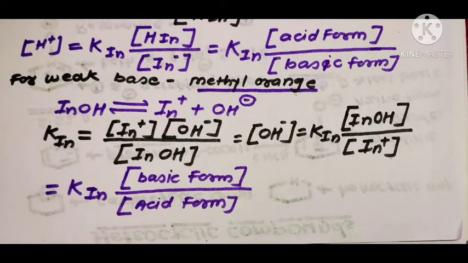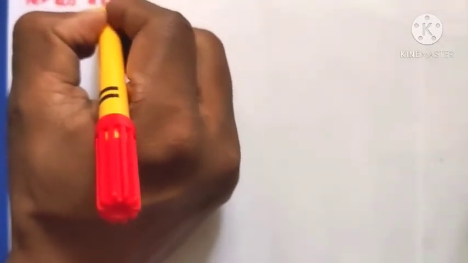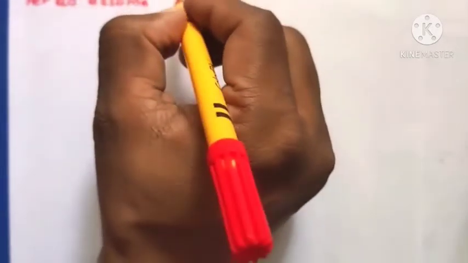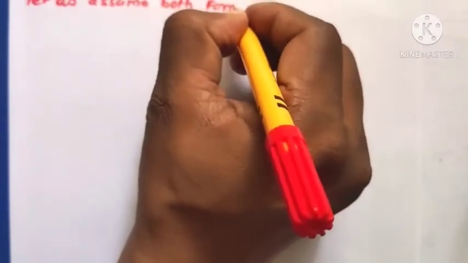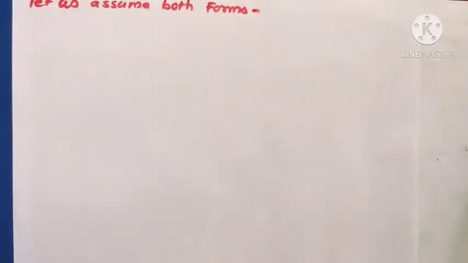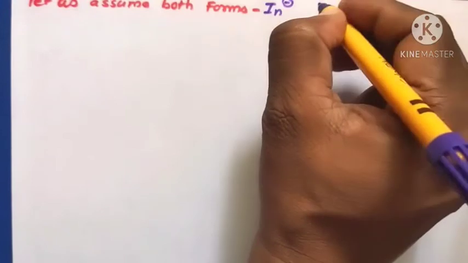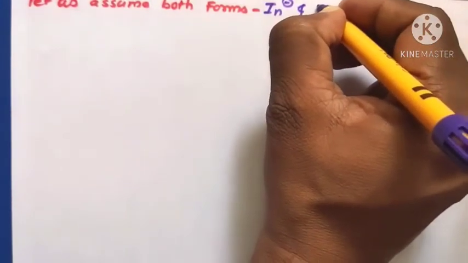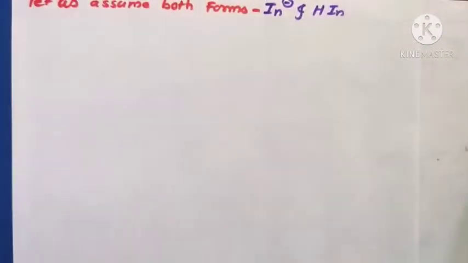Now these are the two expressions of equilibrium having the concentration of H plus ions as well as the concentration of OH minus ions. Let us assume that both forms of the indicator, that is In minus, the ionized indicator, and HIn, possess colors.